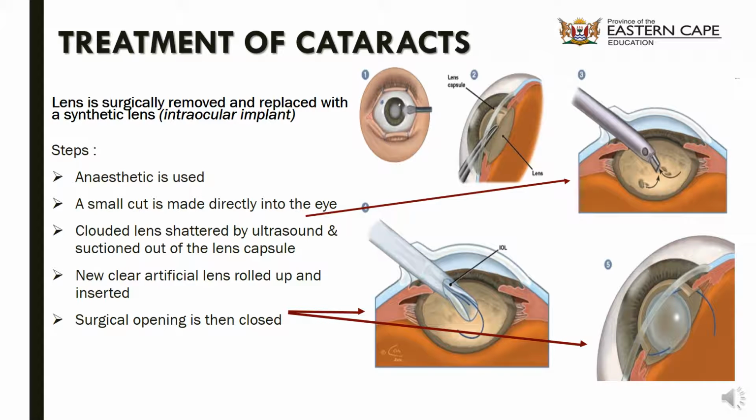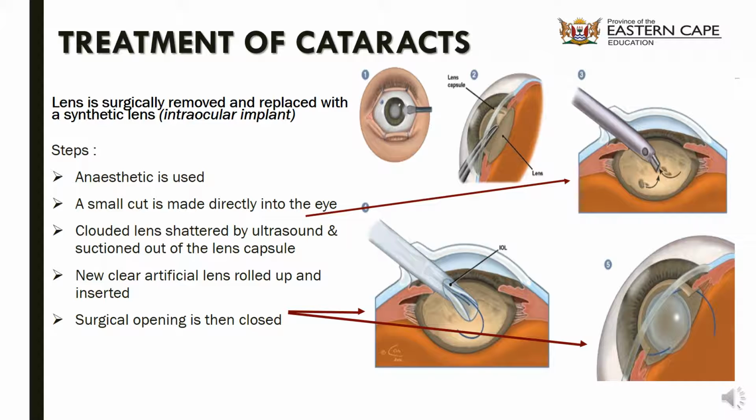In the event that you have cataracts, how then are we going to treat this? If you have a cataract, it's a simple surgery that will last an hour and a half, or 2 hours at the most, where you're going to remove that lens that is affected. Because remember, with cataracts, it is the lens that's cloudy, it is the lens that's affected.